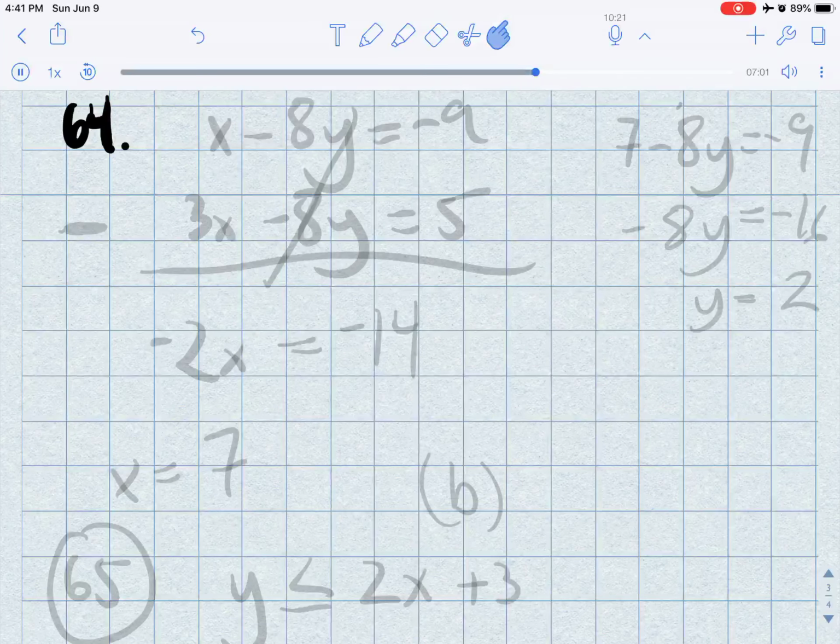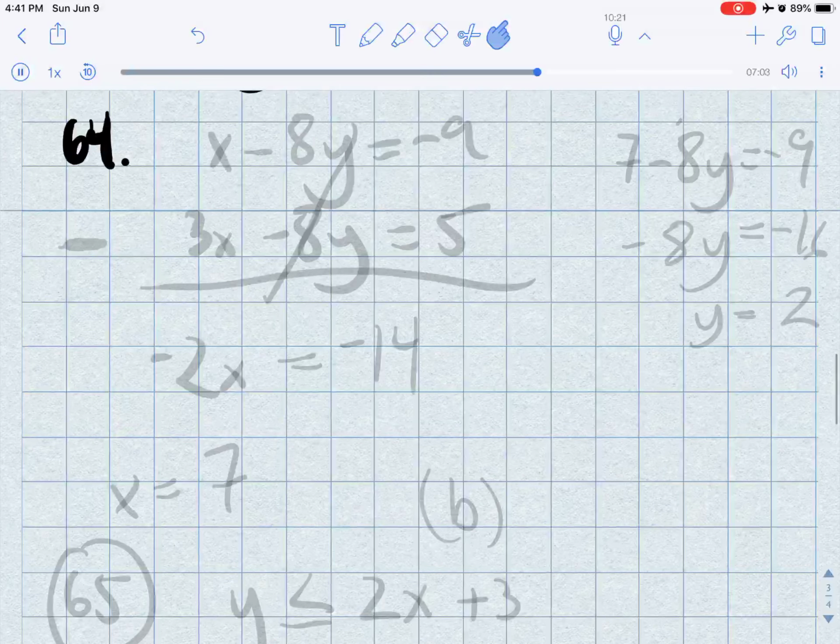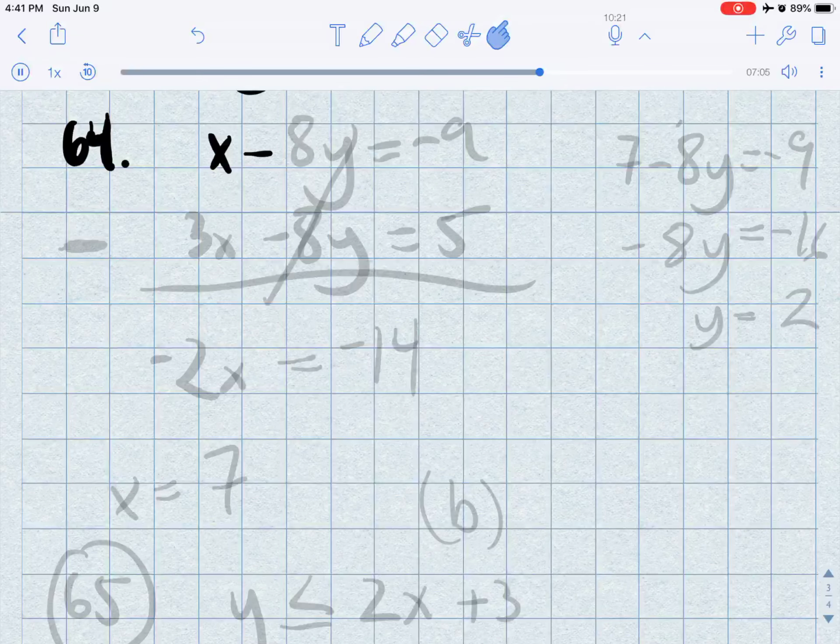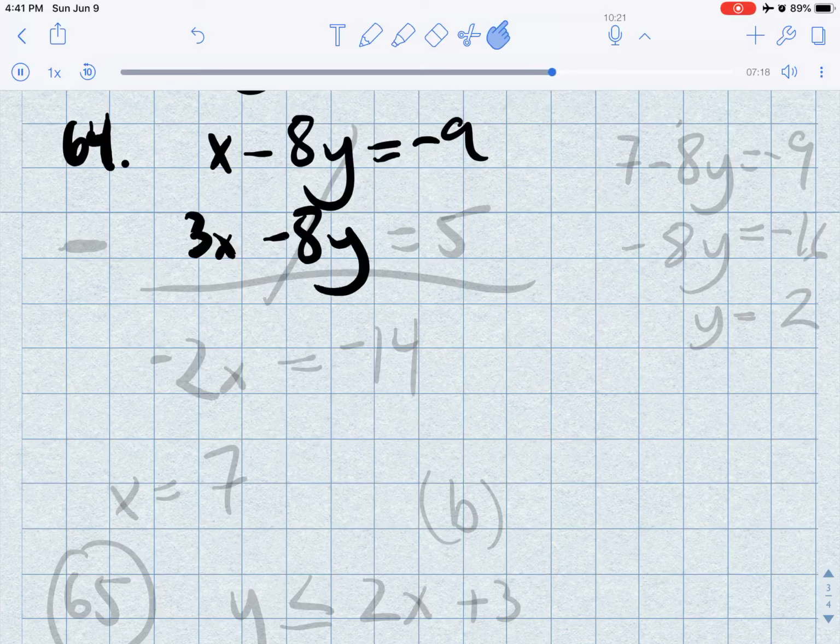64, we're supposed to use elimination for this, x minus 8y, and this one's just a little bit trickier. And then we have 3x minus 8y equals 5.